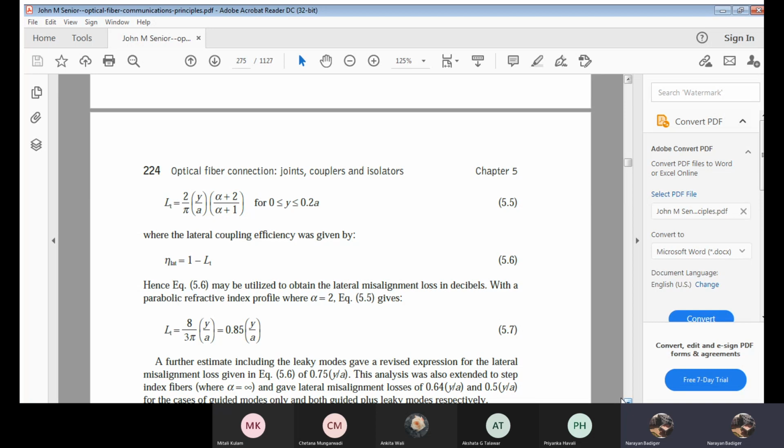Now if we try to estimate that lateral misalignment loss, which depends on the refractive index gradient alpha, it will be obtained from this equation, which we will call LT. And what is this LT?